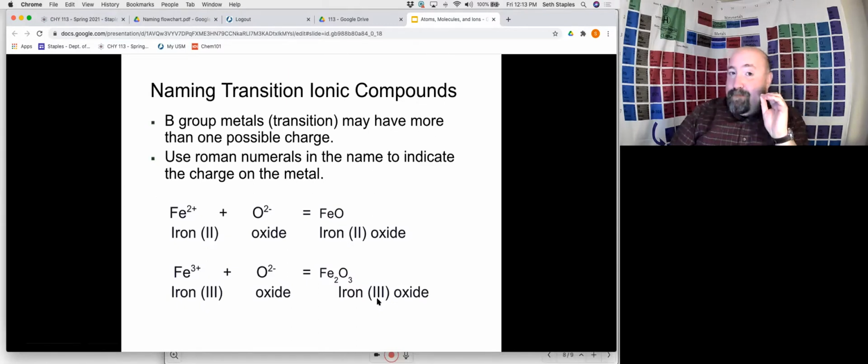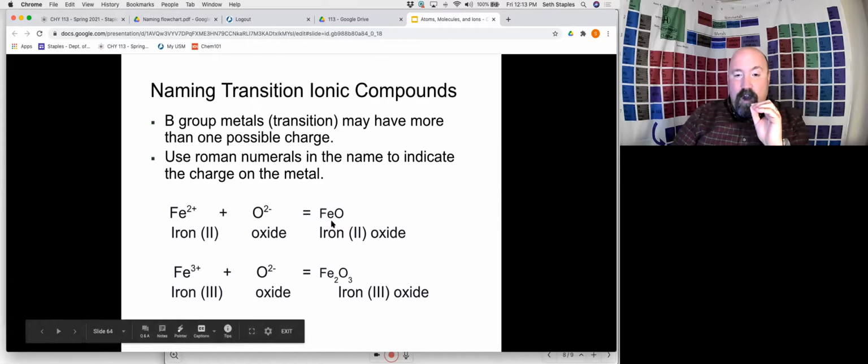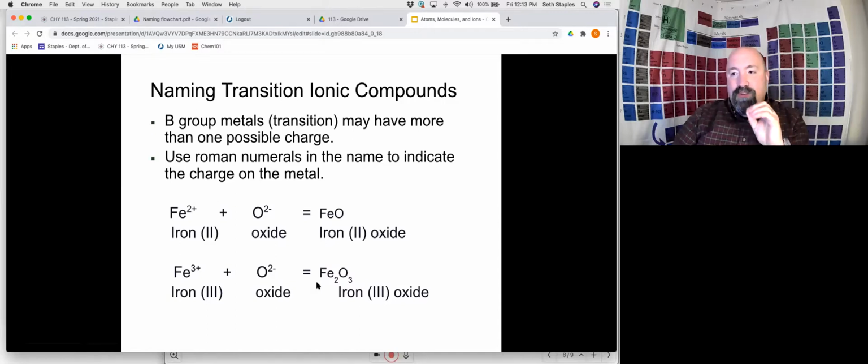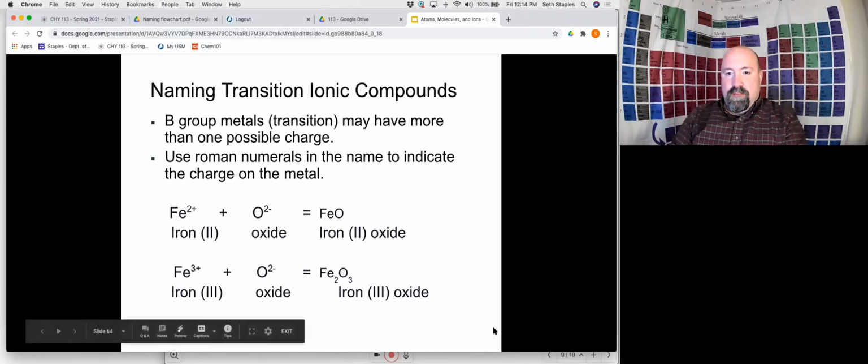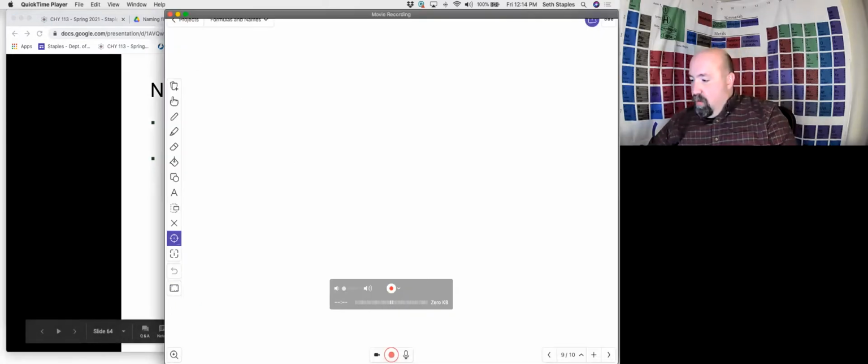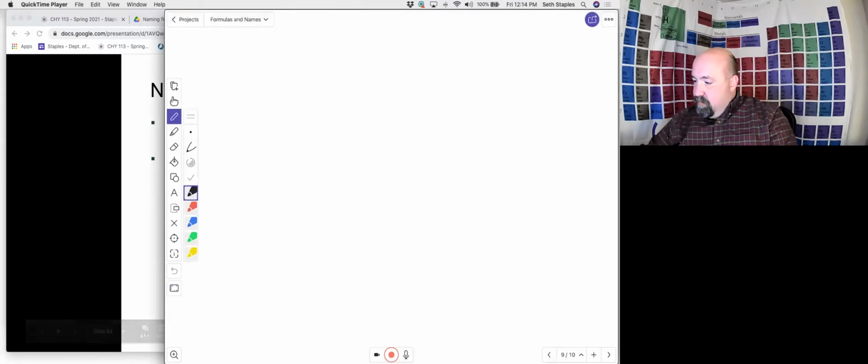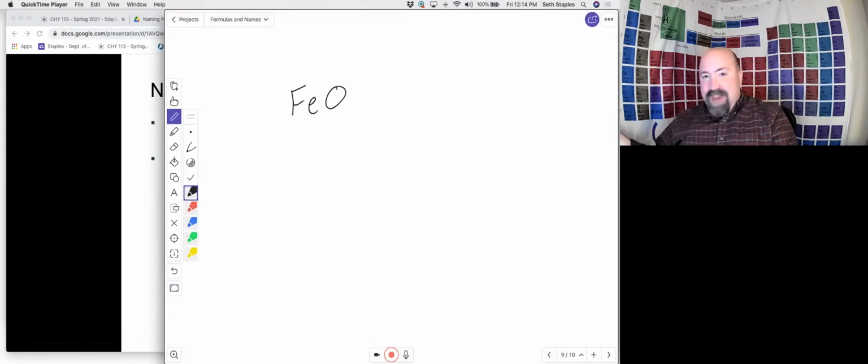So when you have the formula, though, if you just have FeO and Fe2O3, and you're trying to come up with the name, you have to use other information in the compound to figure out what the charge is going to be. In other words, with these examples, I have FeO and I have Fe2O3.